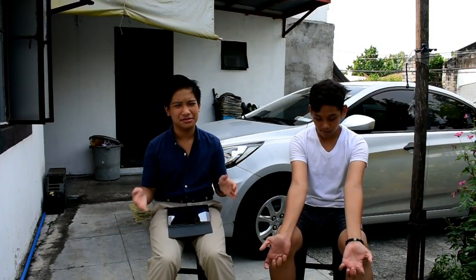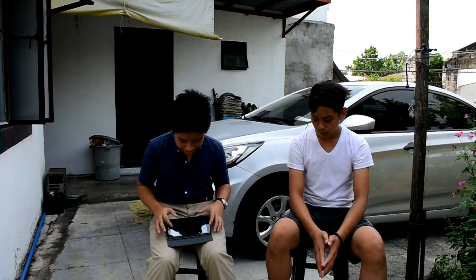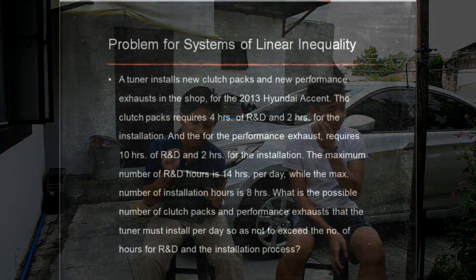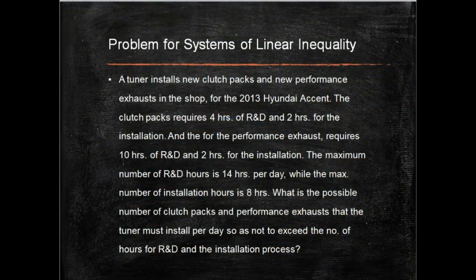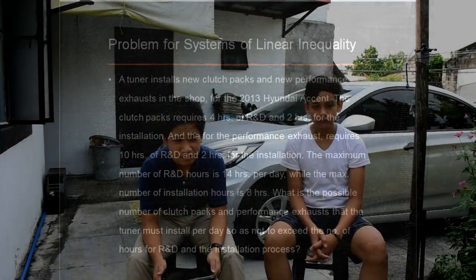Okay, for the R&D, doing the equation means putting it all together. So in this case, the first problem says that the clutch pack requires 4 hours of R&D, and the performance exhaust requires 10 hours of R&D. Meaning, for the R&D inequality, you need to combine those plus the maximum number of hours.